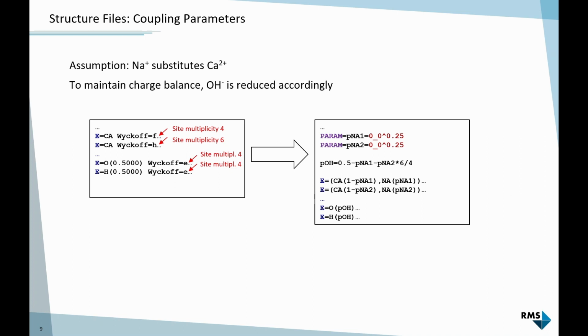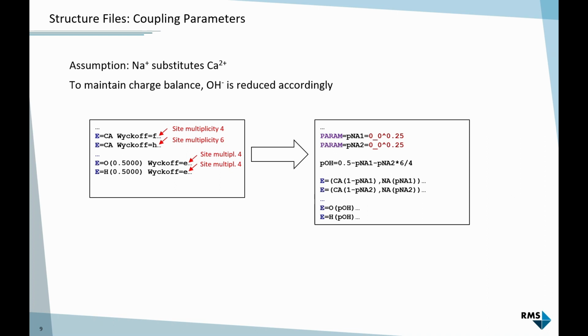So it goes deeply into crystallography now with the site multiplicities, but this is something I have to remember. And that is why you see here I have to correct the sodium introduced to calcium 2 with this factor, because calcium 2 is the only one that has a site multiplicity of 6, and all other sites are multiplied by 4.